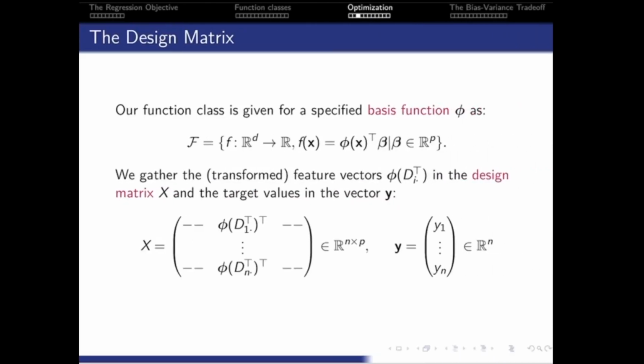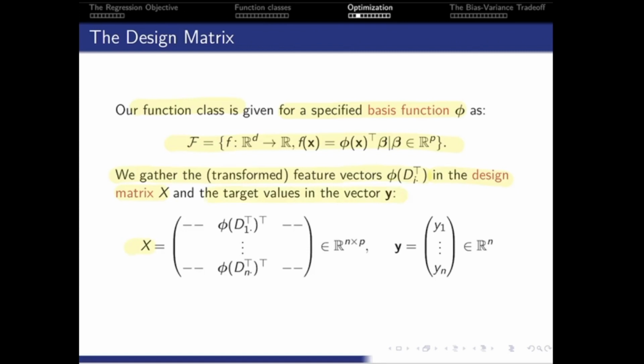Let's have a closer look at the design matrix. So we had our function class for a specific basis function phi, given as the set of all functions which are defined by an inner product of phi times beta. And then we gather the transformed feature vectors phi in the design matrix X and the target values in the vector y. So this is what I just wrote.